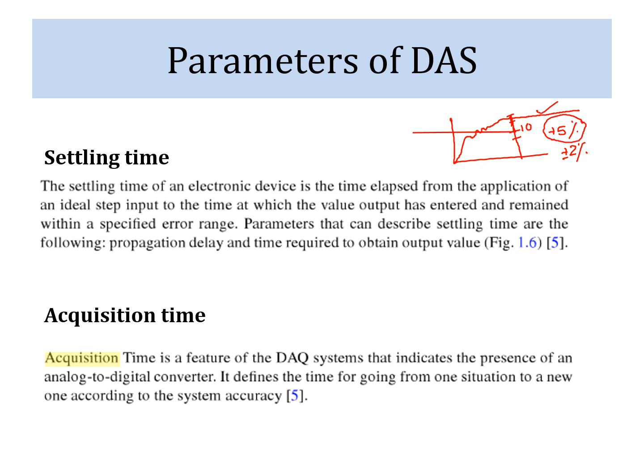So, when the final output settles down within the plus minus 5% of final value, we say this is the settling time. So, in this diagram this is TS.